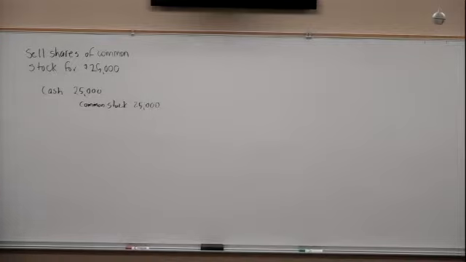Remember, we have the T account, and the T account has a left side and a right side. So for assets, expenses, and dividends, the left side increases the balance, the right side decreases the balance.